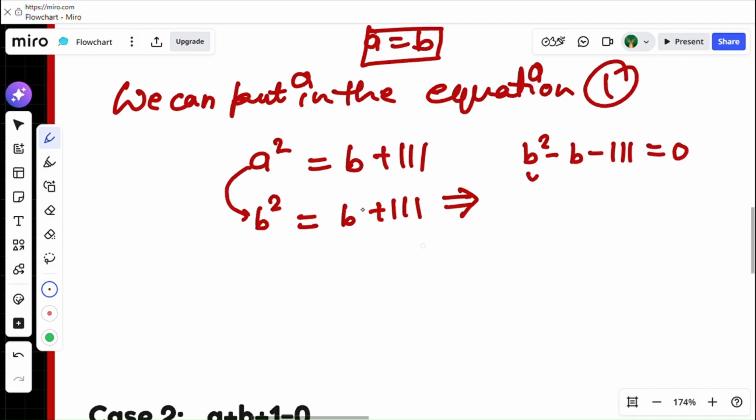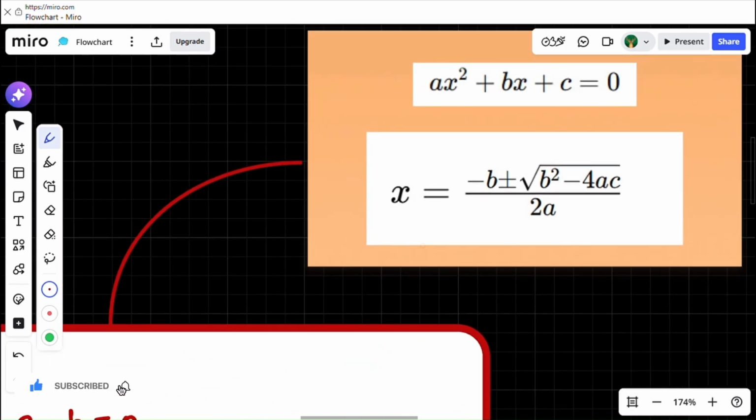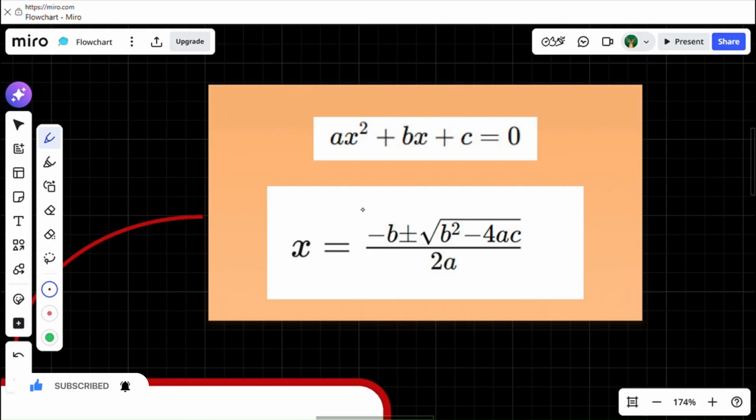This is a quadratic equation, and the general form is ax square plus bx plus c is equal to 0. So we can apply the values in the quadratic formula. We also call it the Indian way, Sridharacharya, and this is the value of x: x is equal to minus b plus minus root b square minus 4ac upon 2a.